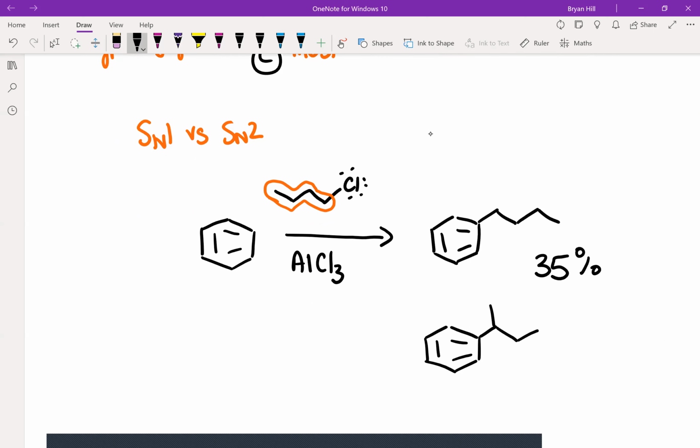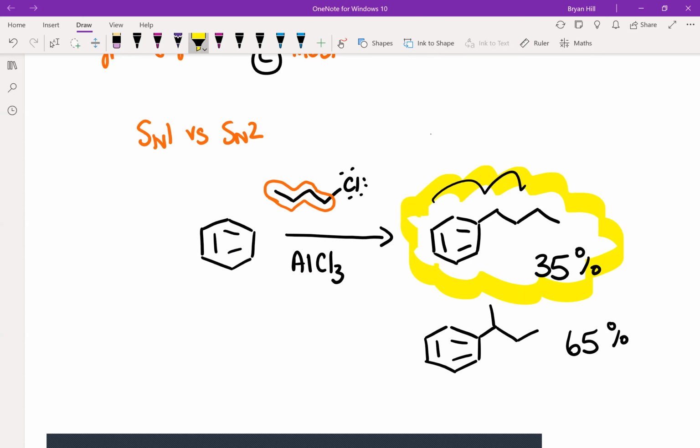So still 4 carbons, but this counts for 65% of your products. So with a primary alkyl chloride, you get these mixtures of products, which isn't helpful, particularly if you want this one. So how does this work?